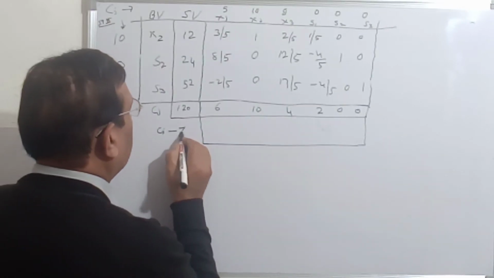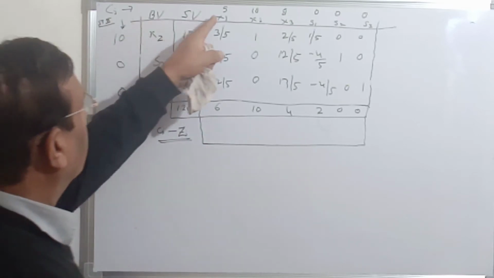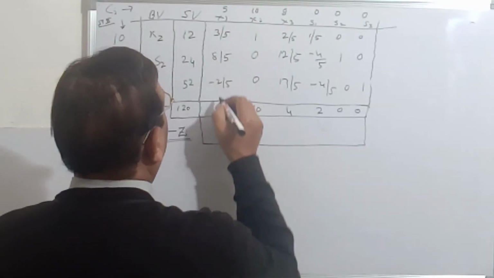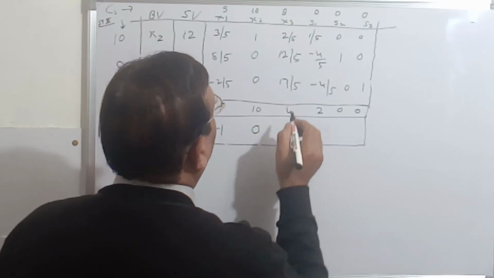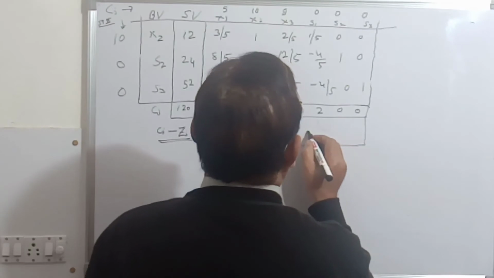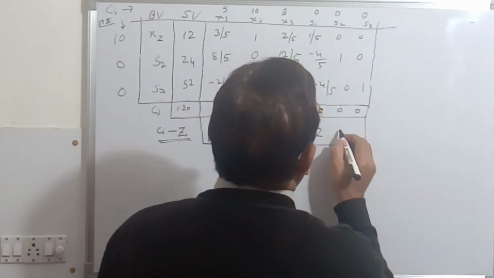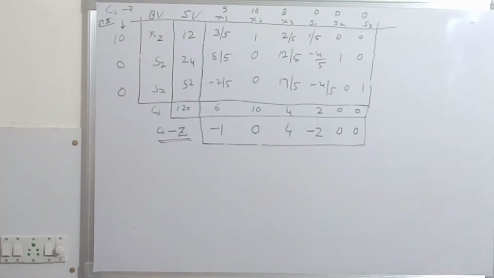Now Cj minus Zj. This is Cj and this is Zj. Cj minus Zj: 5 minus 6, minus 1; 10 minus 10, 0; 8 minus 4, 4. Now minus 2, 0 minus 0 minus 2, minus 2, 0, 0. Now in Cj minus Zj, you have to study this row.